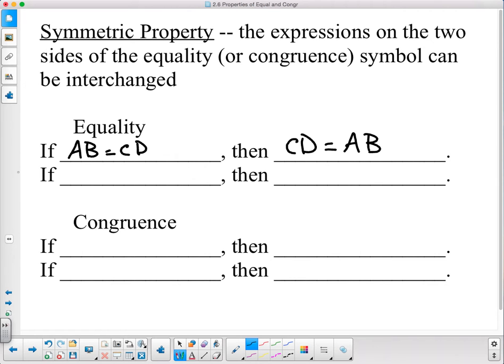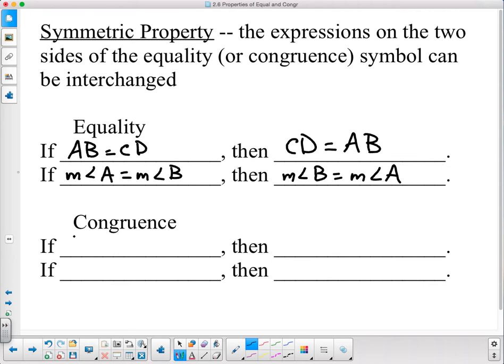Correct. That's supported by the symmetric property. If the measure of angle A equals the measure of angle B, then how would it appear when it switches the two sides? The measure of angle B equals the measure of angle A. Congruences.